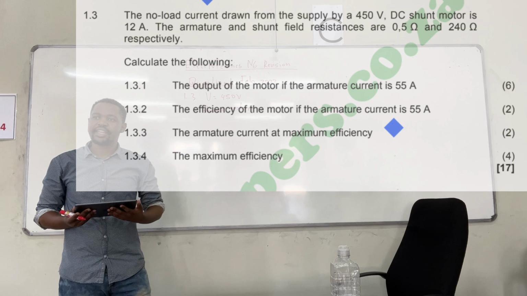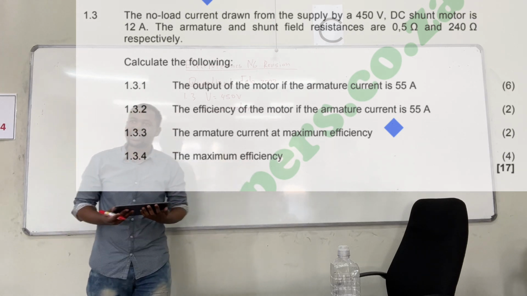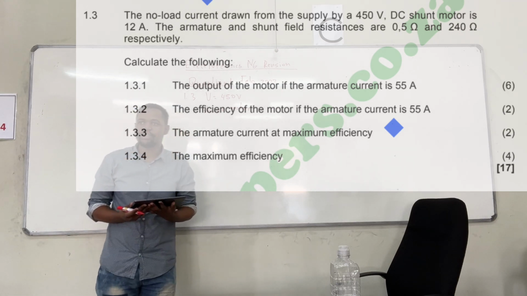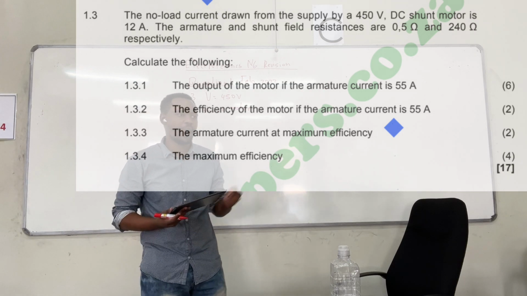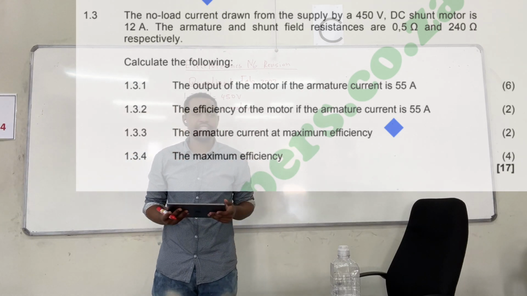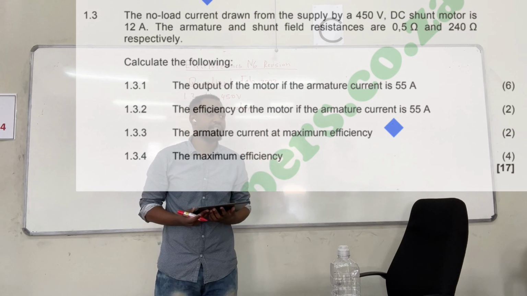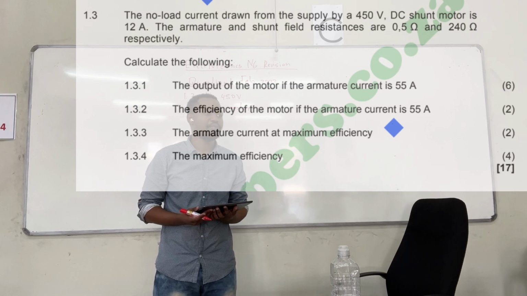You don't use a Swinburne test to test a series machine. Immediately you have a series machine, a motor, that is speed control. Even a back-to-back test, the second test, that is also for shunt or compound machines.